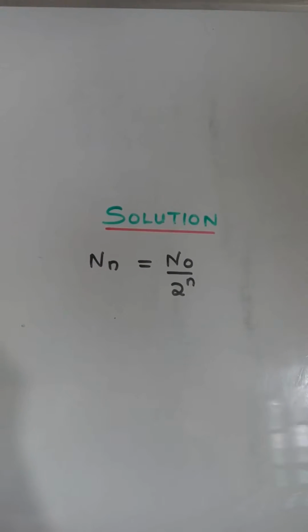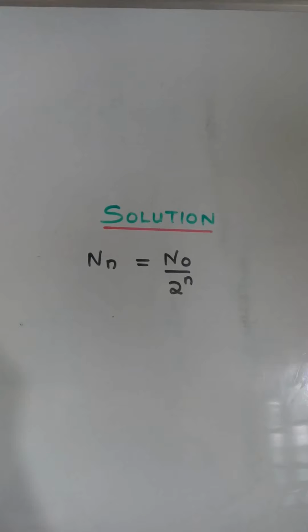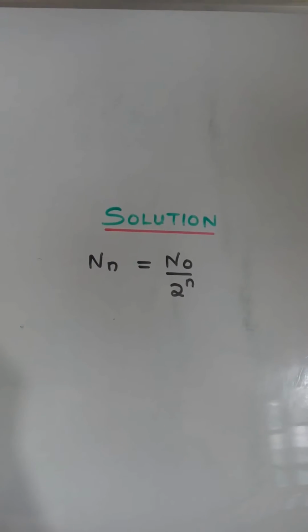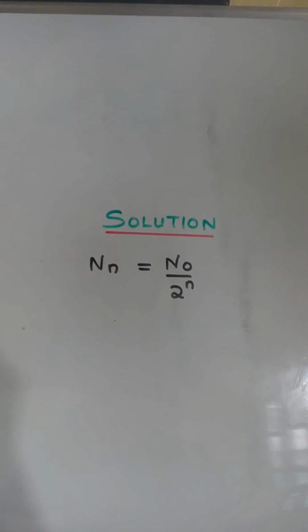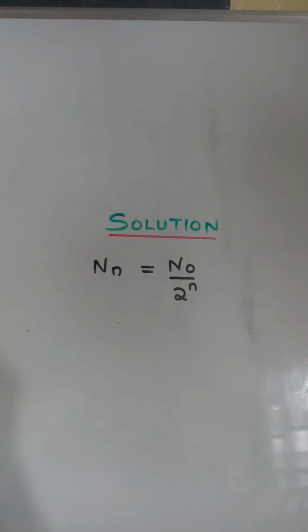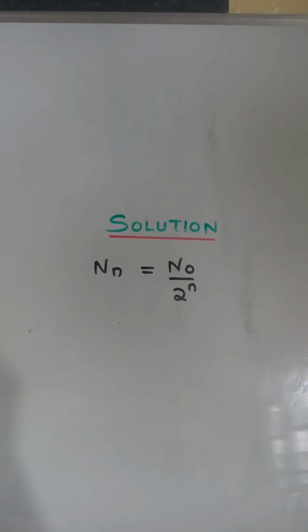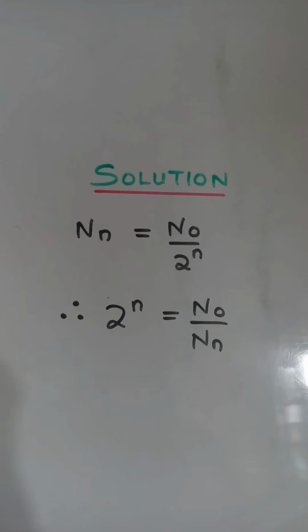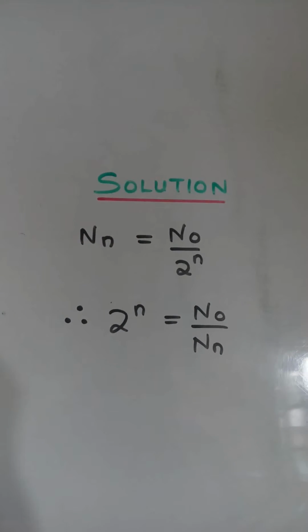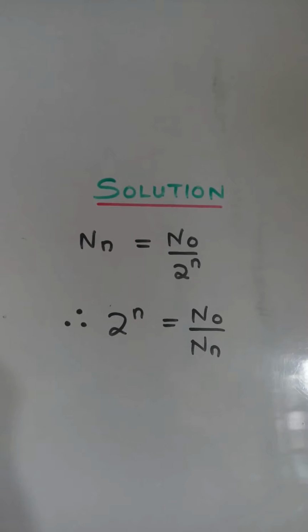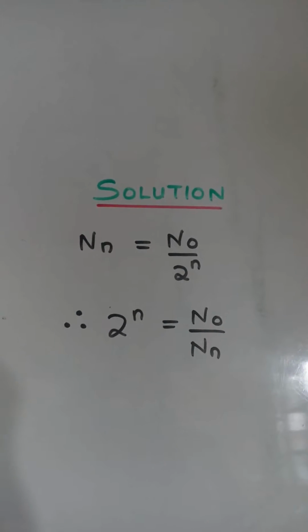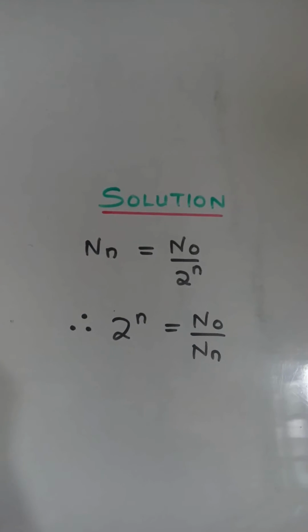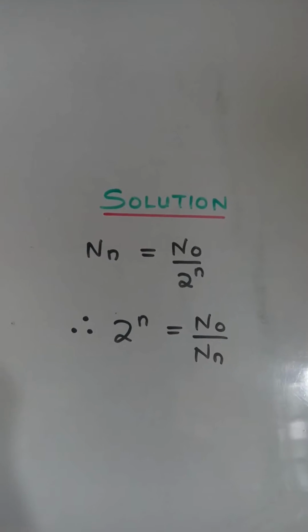Number of nuclei remaining is equal to number of nuclei present over 2 raised to the number of unknown half-lives n. Therefore, 2 raised to n is equal to the number of nuclei present over the number of nuclei remaining.